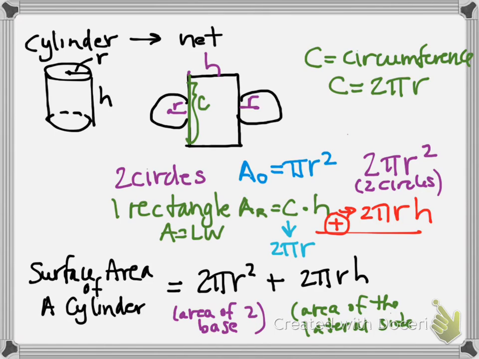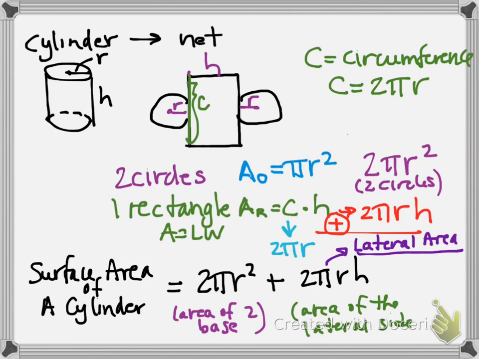Now, the area of the lateral side has a different name, just so you'll be familiar with it. This is called the lateral area. 2 pi r h is the area of that lateral side.